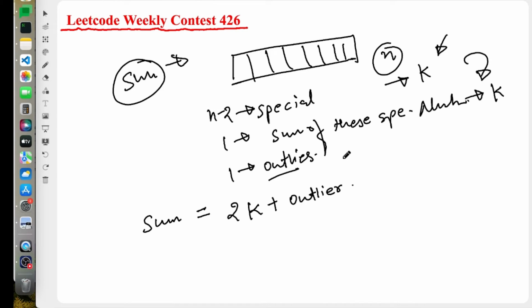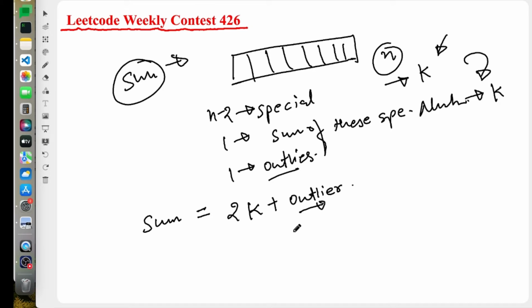Now what we can do is go through each possible number in the array and check if it can be the outlier. If it can be the outlier, it means that your sum minus that number must be divisible by 2, right?